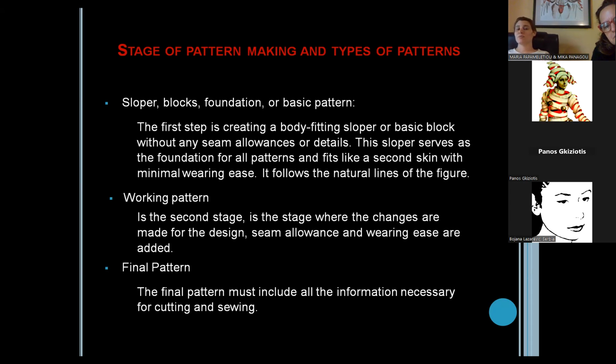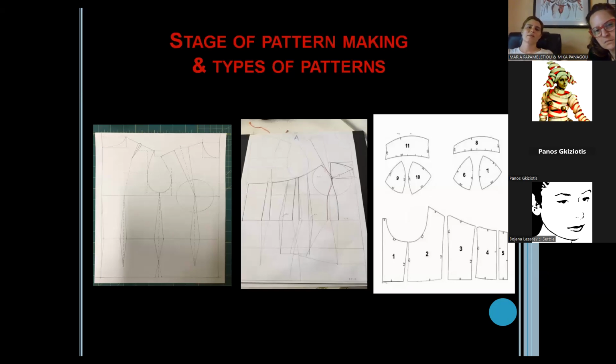That pattern includes information necessary for cutting and sewing. Let's see the stages. The first picture is a slopper. The second is a working pattern, and the third is a pattern ready to cut with all information.